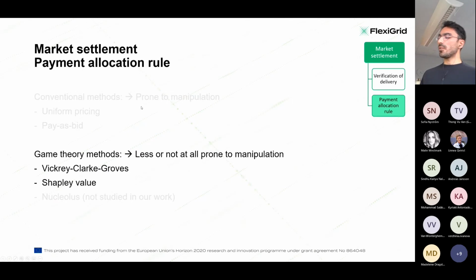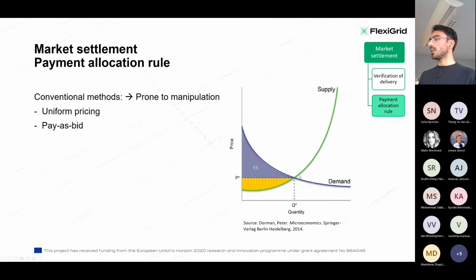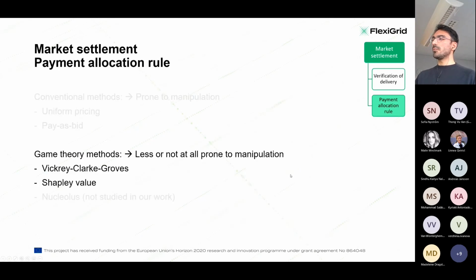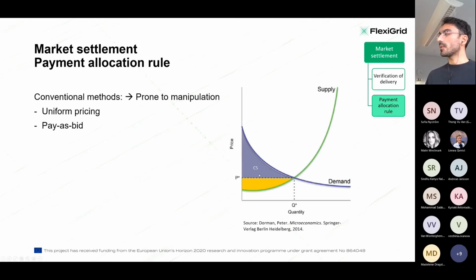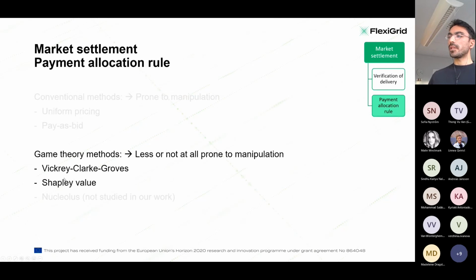They are not based on discrete rules like we had where the supply-demand curve meets, but depend more on this social welfare value that I was explaining, this area. So, for example, in Vickrey-Clarke-Groves, you get paid based on your marginal contribution to the social welfare.